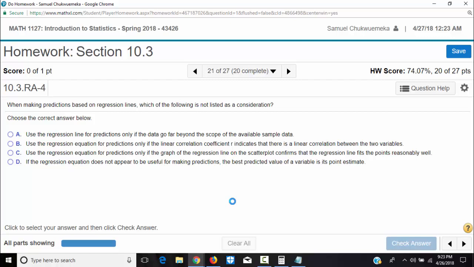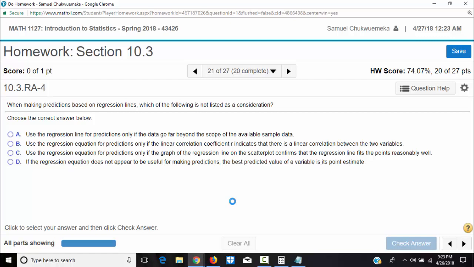B, use the regression equation for predictions only if the linear correlation coefficient r indicates that there is a linear correlation between the two variables. Okay, that's right. Use the regression equation for predictions only if the graph of the regression line on the scatter plot confirms that the regression line fits the points reasonably well.